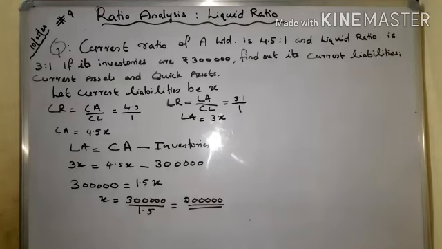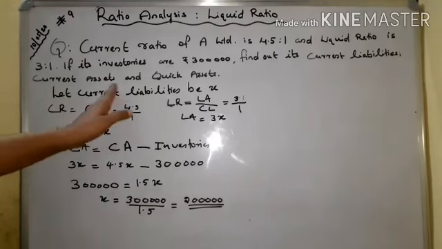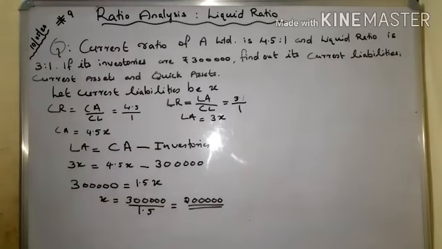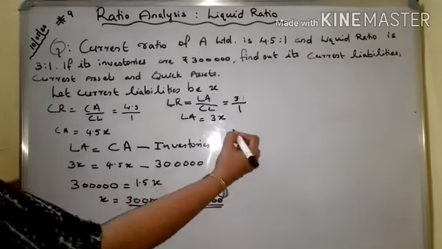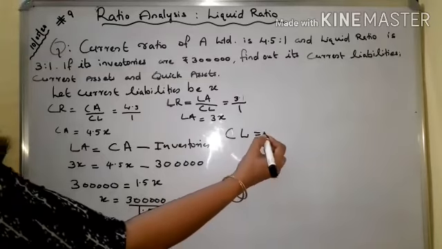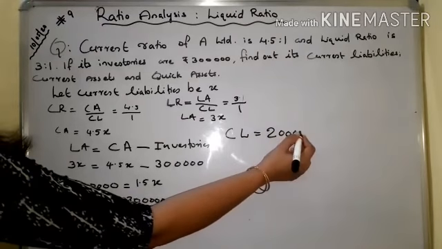X value 2 lakhs means current liabilities, since we let current liabilities be X, is equal to 2 lakhs.